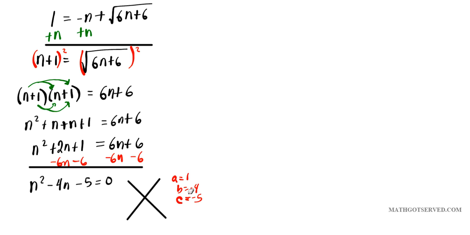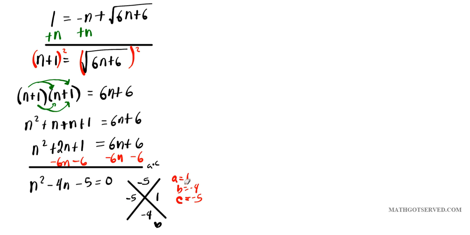So AC is 1 times negative 5, which is negative 5, and b is negative 4. Are there any two numbers that multiply to give you negative 5 and add to give you negative 4? Absolutely. Negative 5 times 1 is negative 5, and negative 5 plus 1 is negative 4.